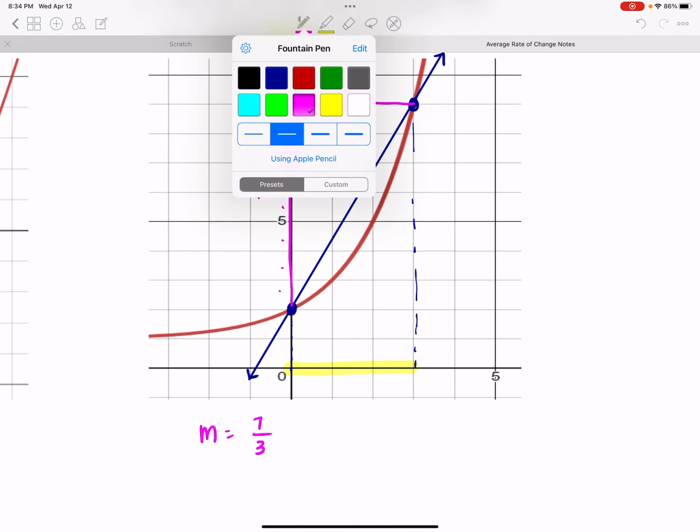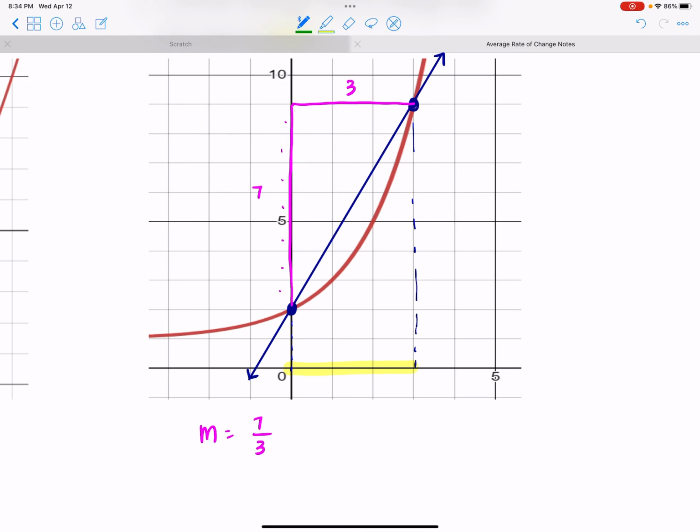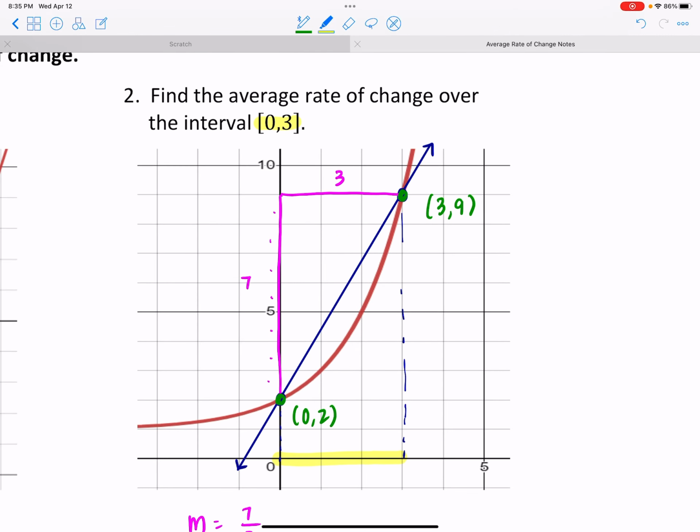Or if I want to use my formula, my change in y over change in x formula, because I don't like counting. The coordinates here are (0, 2), and the coordinates here are (3, 9). Notice that I took the x values in my given interval and found the corresponding y values on my graph, and then used my formula.